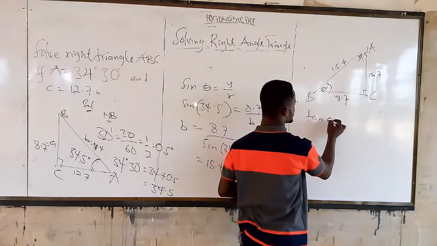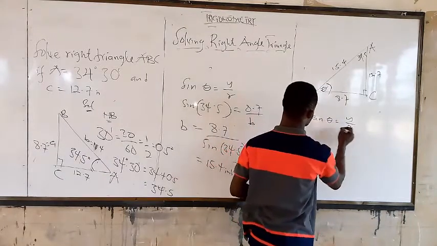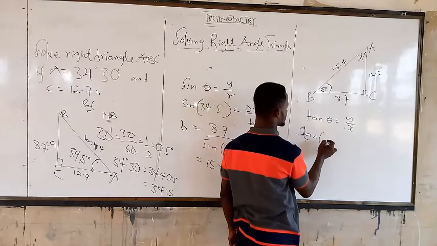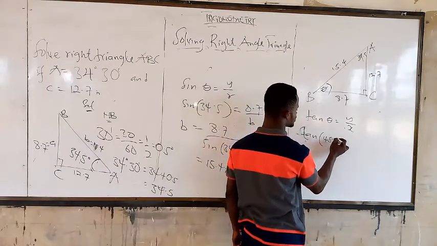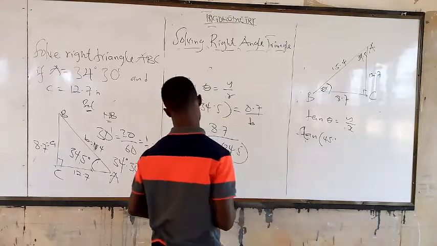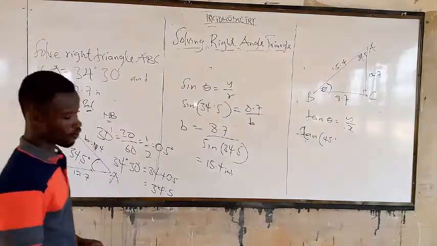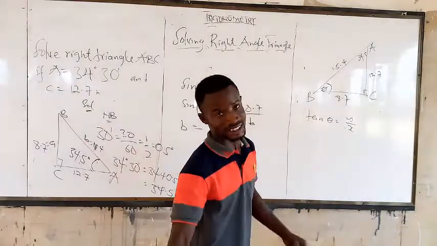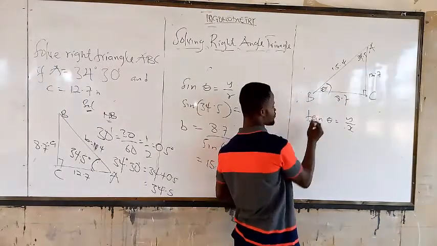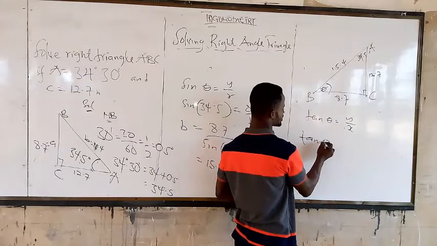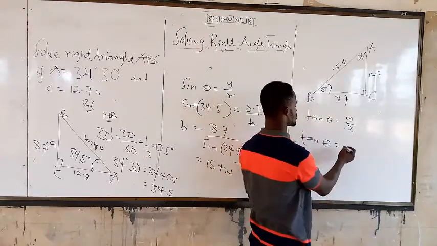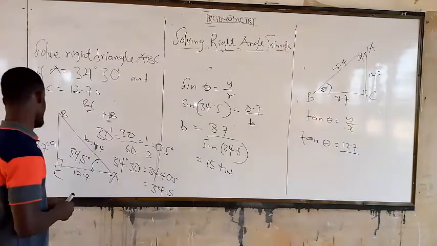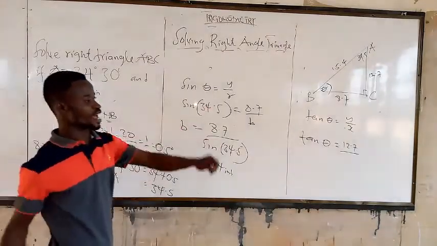So tan theta is equal to y over x. Theta is what we are looking for, so this is our reference angle. The y is 12.7, so the x axis here is now the y axis here.